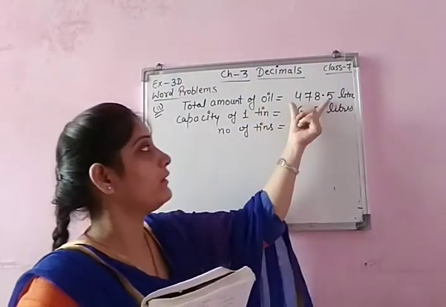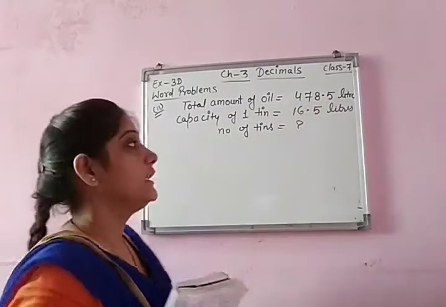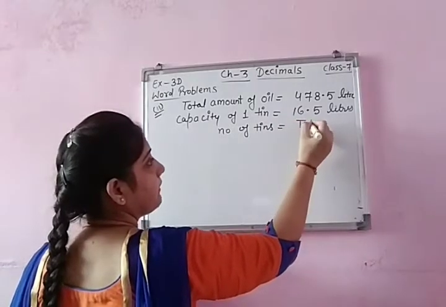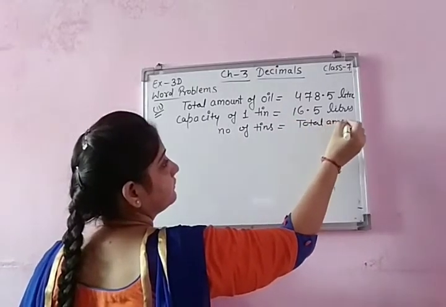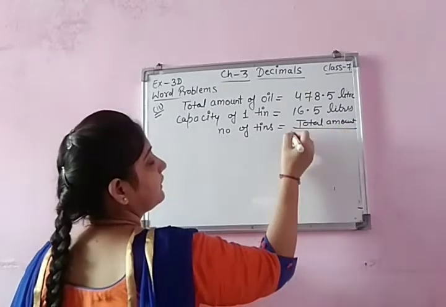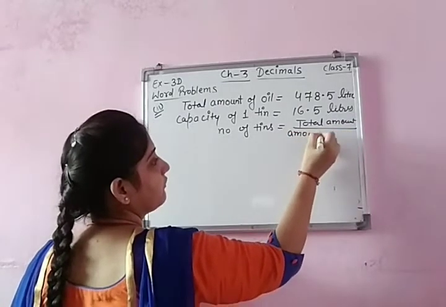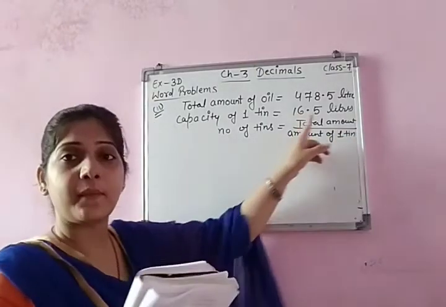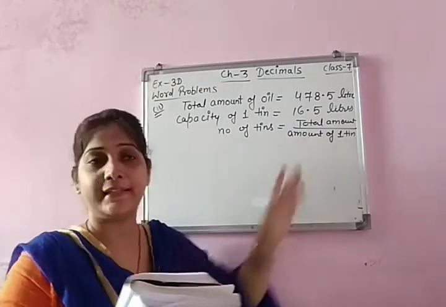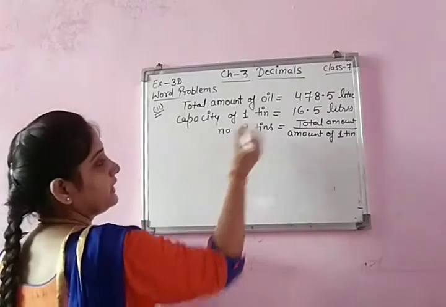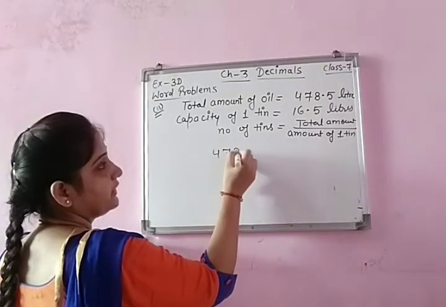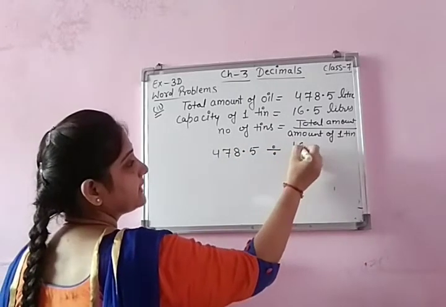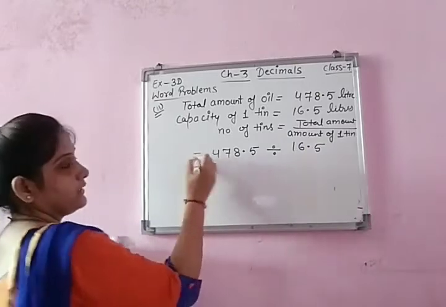For that you can store this much liter of oil. So as I told, if you want to find the number of tins, I have to write total amount divided by amount of 1 tin. Okay. So here I am doing division. Total amount is 478.5 and we need to divide it by 16.5. Am I clear?